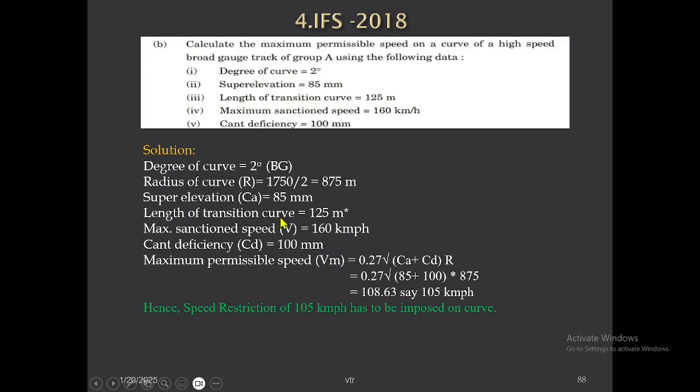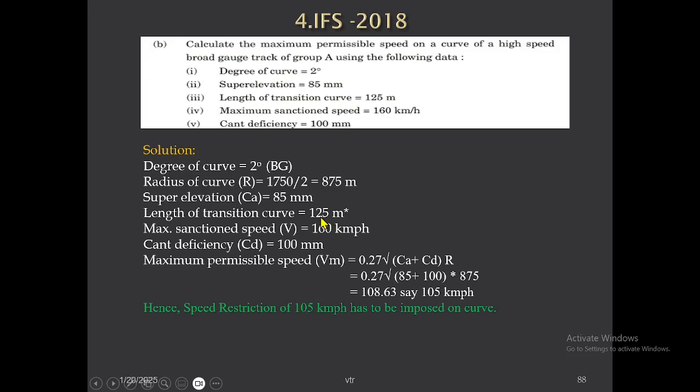Also, since they gave the length of transition, but nowhere have we used it, you have to use this length of transition for a check. Because sometimes when they give the length of transition, it may result in some restriction. Here, 120 meter is a very long length.